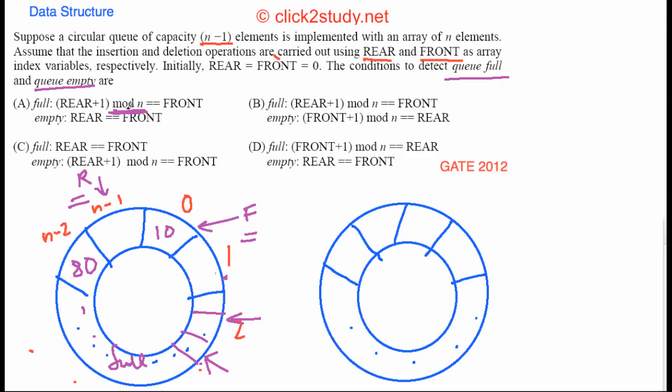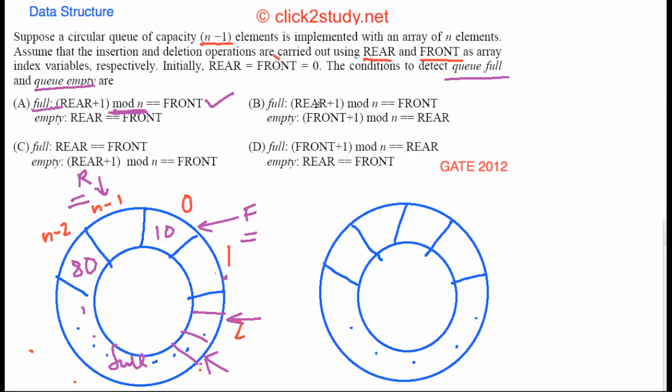This mod n, you take the remainder of n, so this remainder will be between 0 and n minus 1, and that's why your rear plus 1 mod n will give you front. That thing is correct. So for full you have this condition. Your rear plus 1, and if you take the remainder by dividing with n, this mod n, it should give you the pointer to the front.